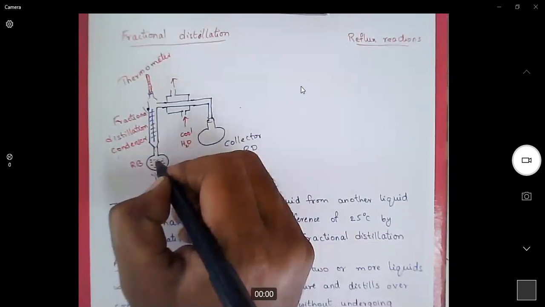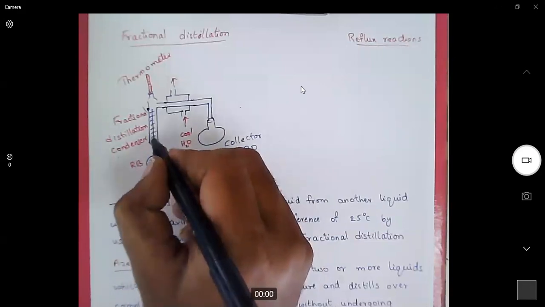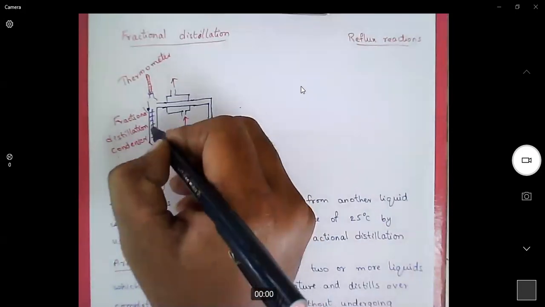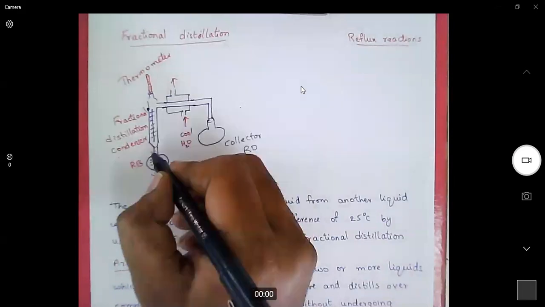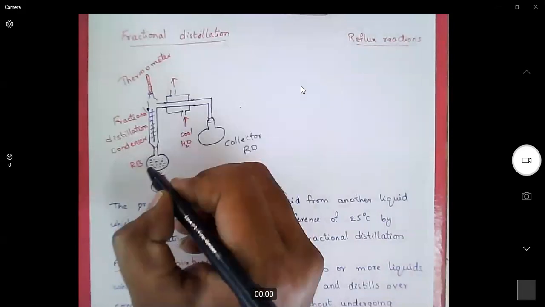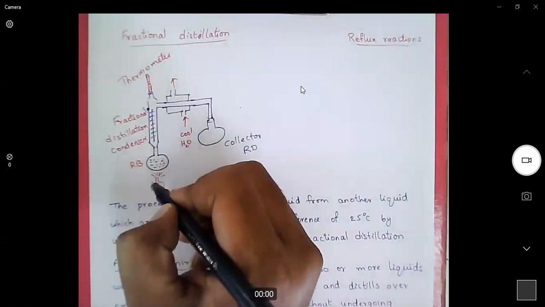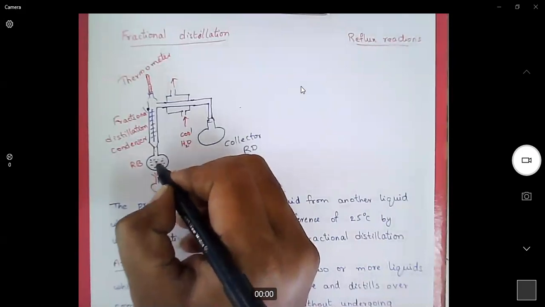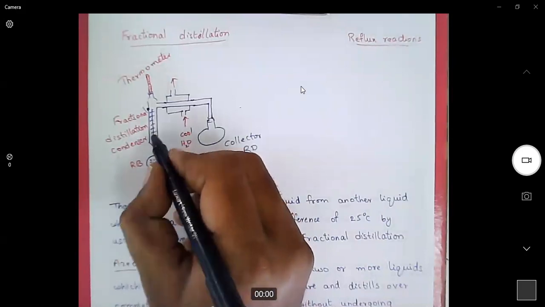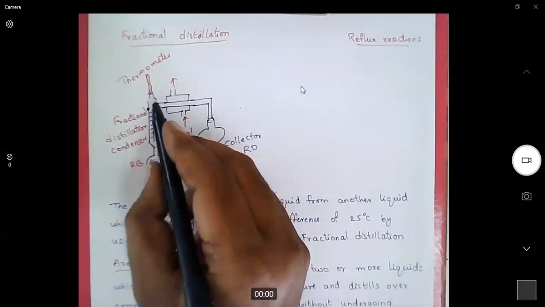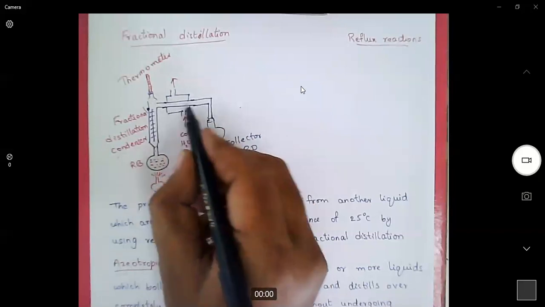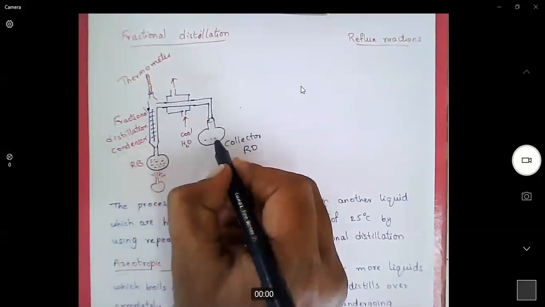As a result, the overall liquid does not easily get into the vapor state. It is difficult for the vapor to pass through this entire column. So when we do it for a prolonged time at a constant temperature, only the low boiling liquid will reach the top of this column first. That will undergo condensation and will be separated.